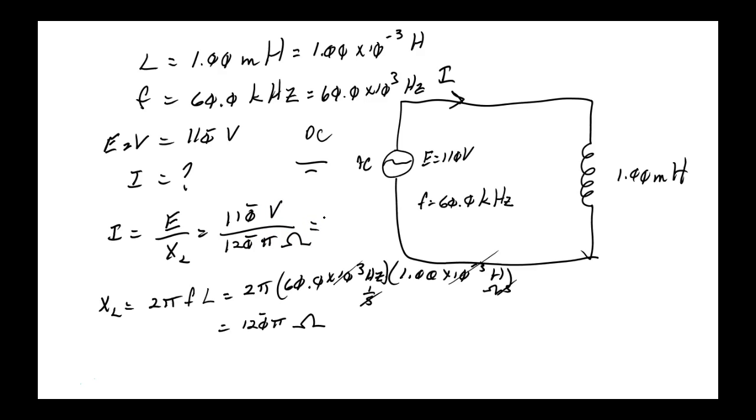Volts divided by ohms are amps, exactly, and that's what current is measured in. So everything's looking pretty good. I would say that's going to be something close to 0.3, give or take a little bit. You tell me.